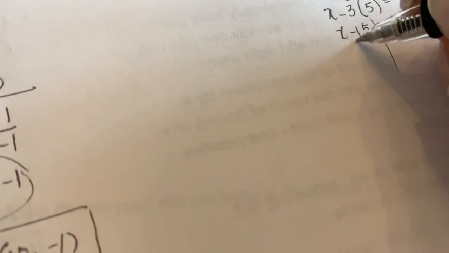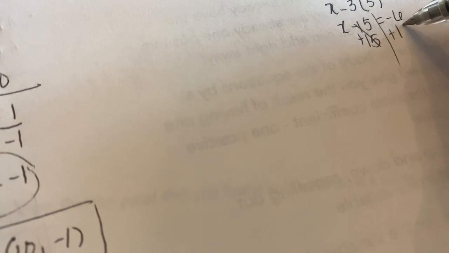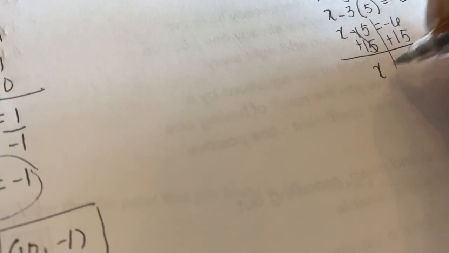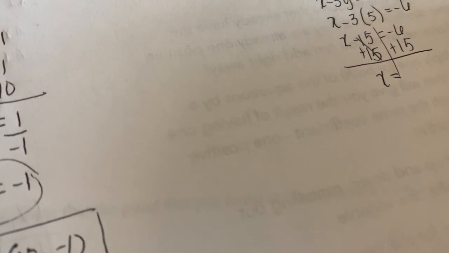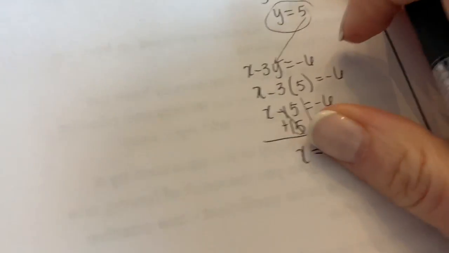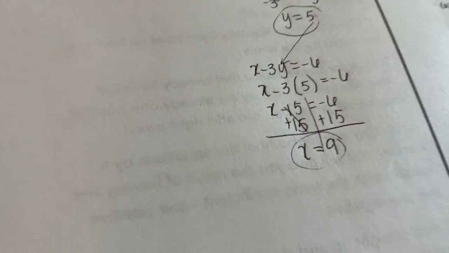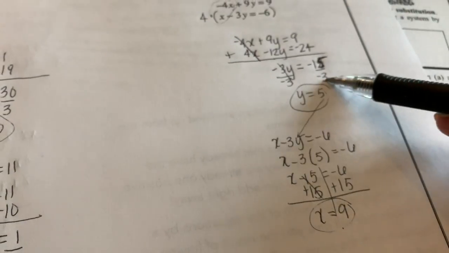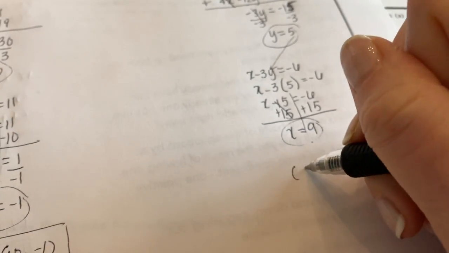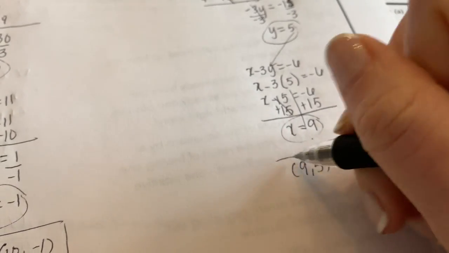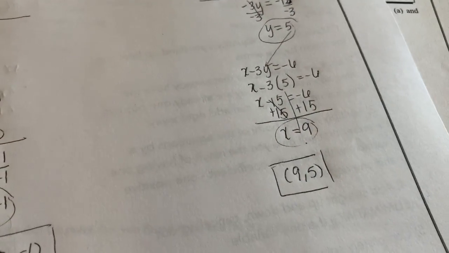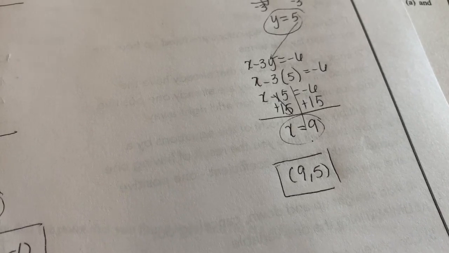We want to solve for x, so we add 15 to both sides. And x is equal to 15 minus 6, which is 9. So I have my x and my y. My solution will be 9, 5. Okay, guys, and that's how we do it.